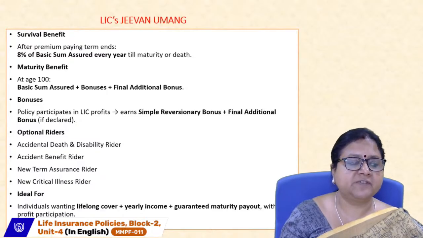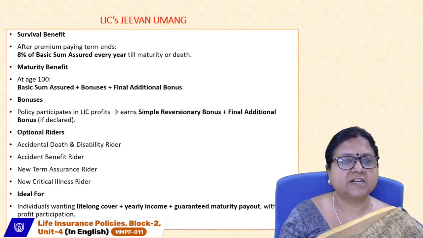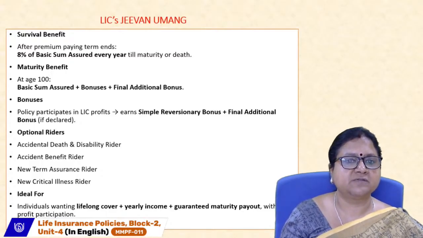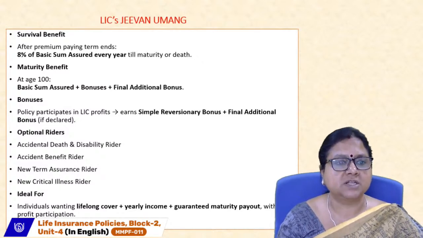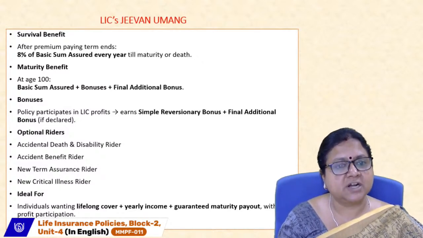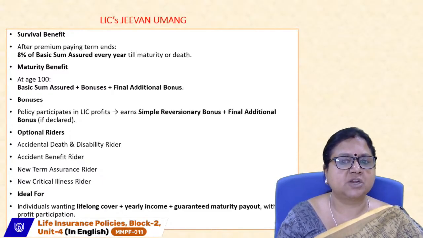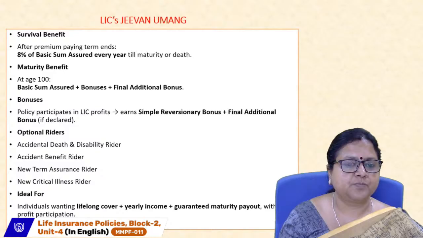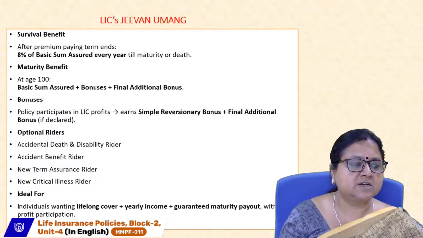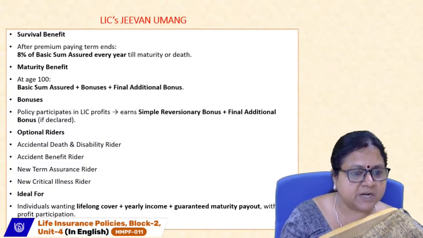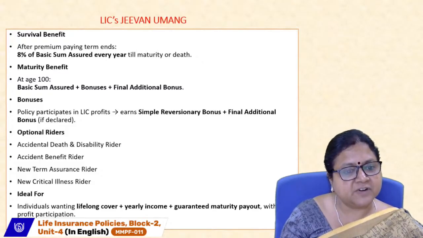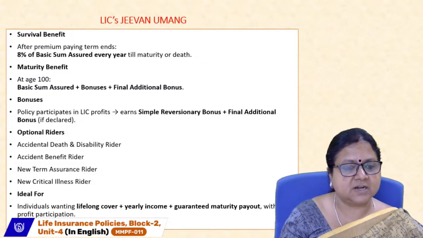As the survival benefit, if the person survives after the premium paying term ends, the survivor gets 8% of the basic sum assured every year till maturity or death. At age 100, they get the basic sum assured plus bonus plus additional bonus as per the riders. There are optional riders like accidental death or disability rider, accidental benefit rider, new term assurance rider, and new critical illness rider.